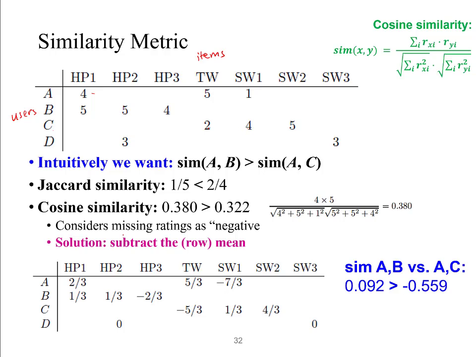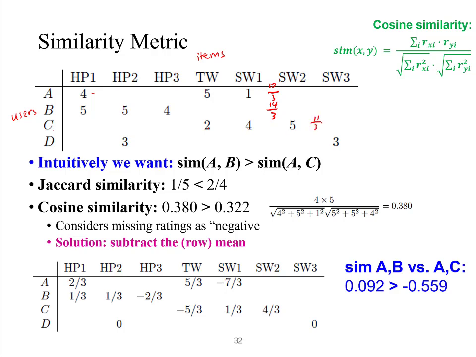So one of the solutions would be to subtract the row mean. If we do that, we would have a new matrix like this. For example, the row mean for row A would be 10 over 3, this would be 14 over 3, and this would be 12 over 3.